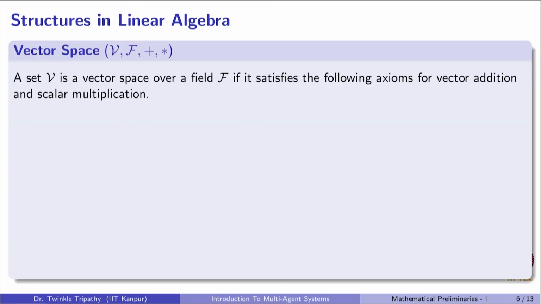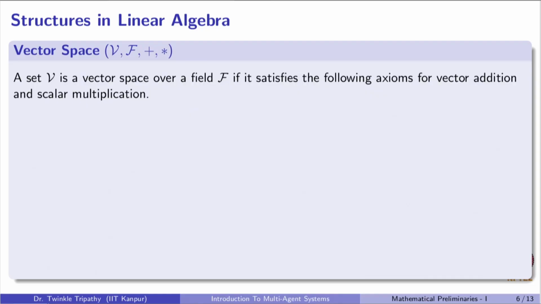Okay. Now, we will talk about the last structure in linear algebra, which is a very important structure for us, which is something that we will keep talking about at least for the next few lectures, or we will keep using some form of it. So, what exactly is a vector space?